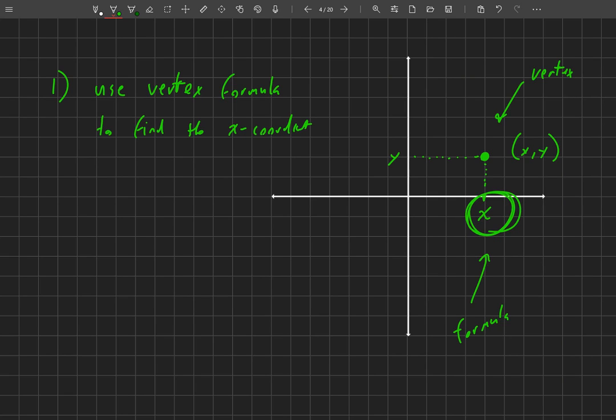Okay, that's only half of it though, right? You have to find both. And then to find y, we're going to plug back in. Plug x into the quadratic, the original function, to find y. Then you put them together and you have an x and you have a y. Then and only then will we have our complete vertex.